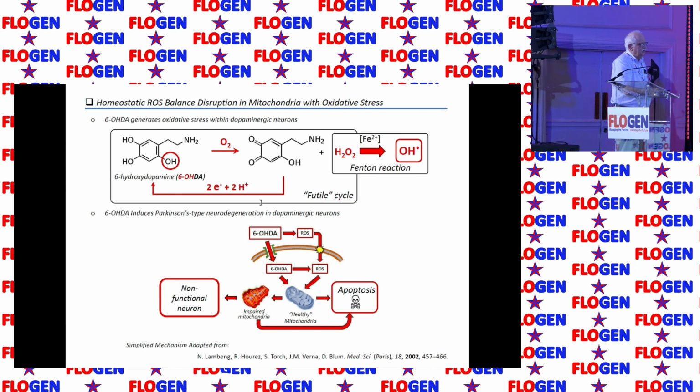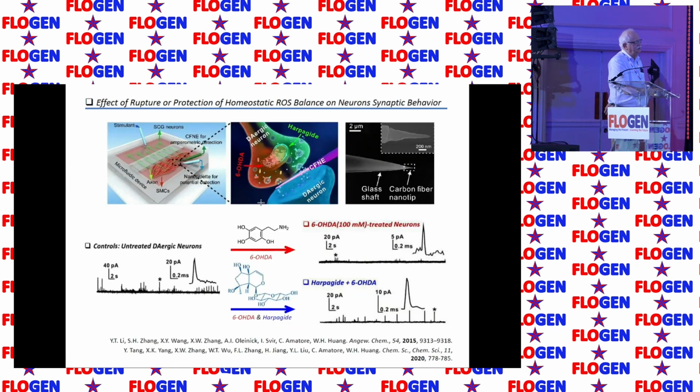But now if you use an antioxidant, the one in blue here, called arpagide. My Chinese colleague decided to use it because it is a natural product in China. We measured the behavior of neurons.